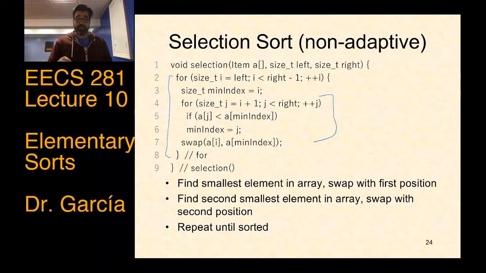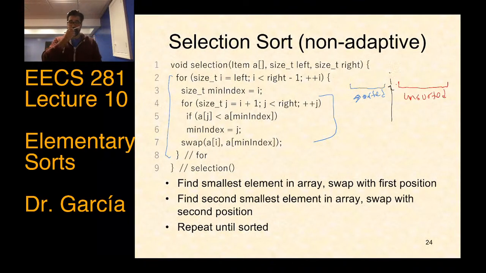Okay. So one way to look at this is that at any point in the array, you're going to have a portion of the array that is sorted. Then you're going to have a portion of the array that's unsorted. And then you have the position in the array that you're currently looking at, which would be I, right?